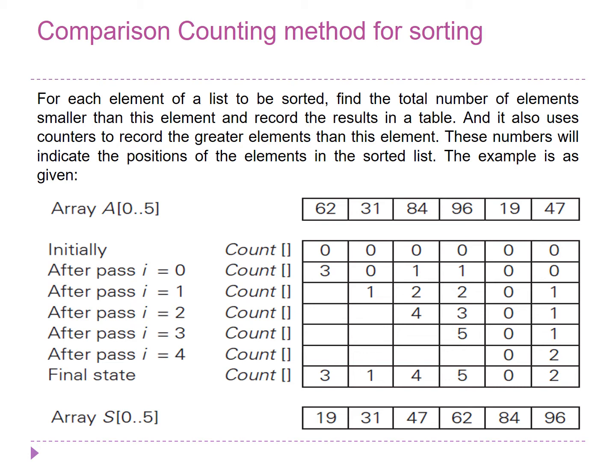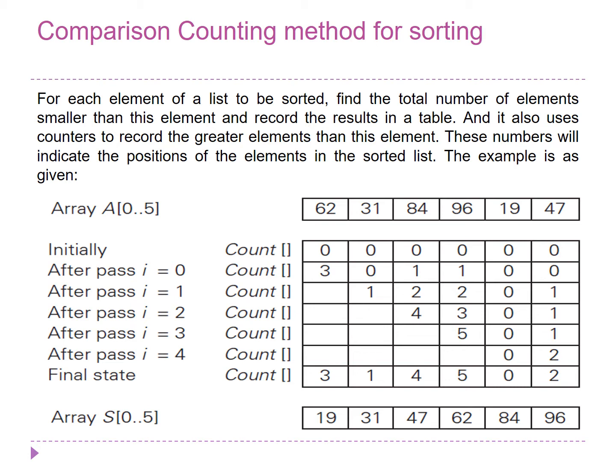Then the numbers that are greater than 31 are counted. 84, 96 and 47 being greater than 31, their corresponding count values are incremented by 1 in the count array. In the subsequent iterations, 84, 96, 19 are considered, and the corresponding count values in the count array are incremented.